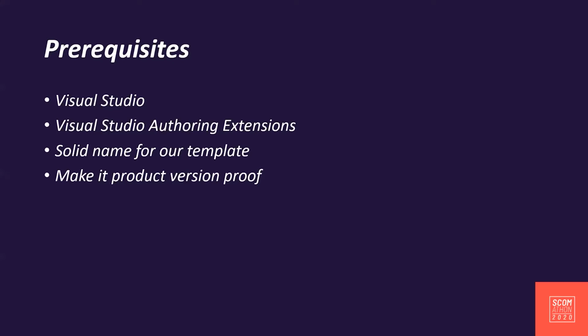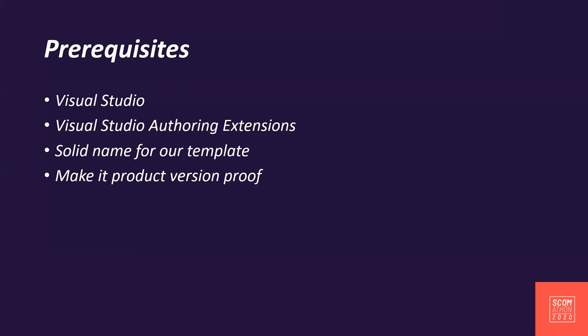Something that we mention as prerequisites as well is a solid name for our template. Make it product version proof. For me, as an example, I try to avoid the SCOM version that I'm going to deploy my management pack to, or for which I'm going to create my management template.